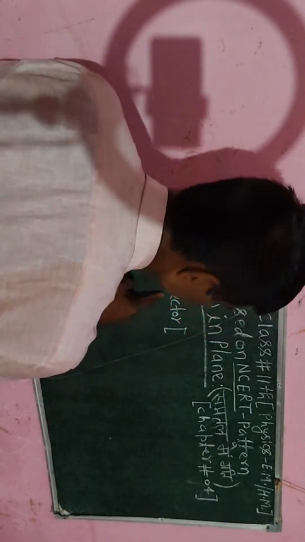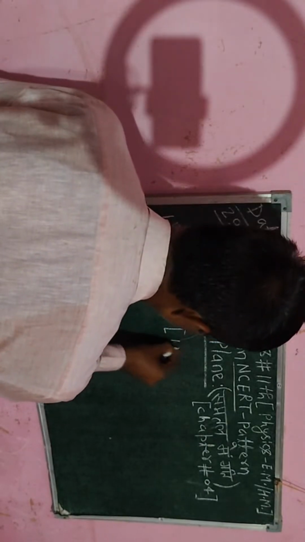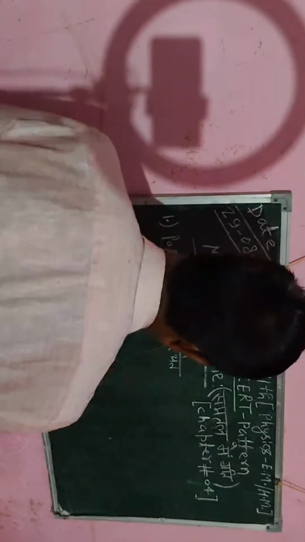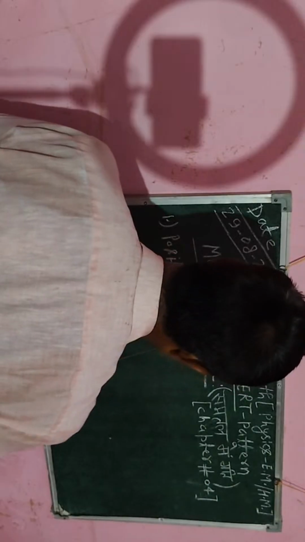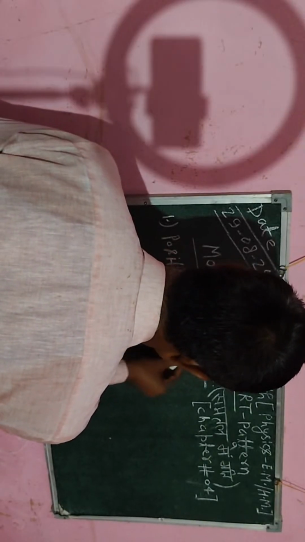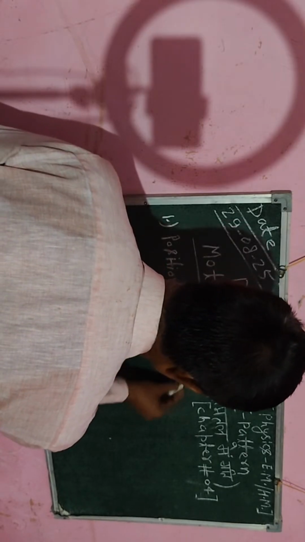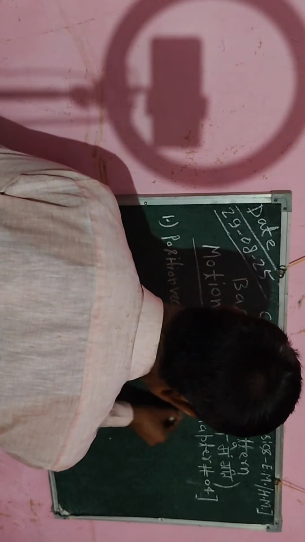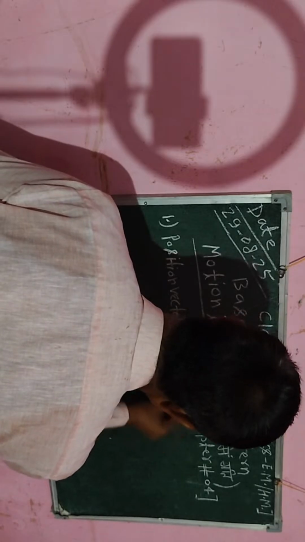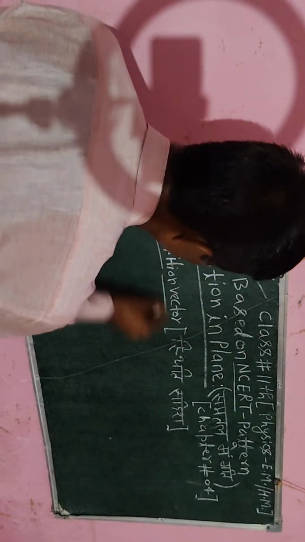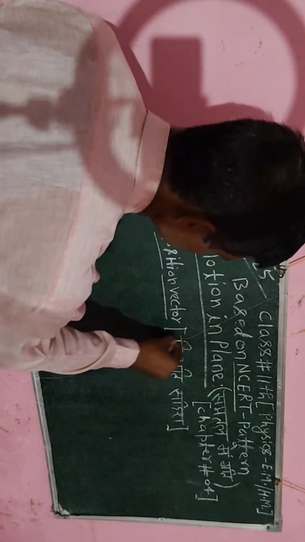Now the position vector is also known as स्थिति सदिश. This is the position vector and it is written in Hindi as स्थिति सदिश.